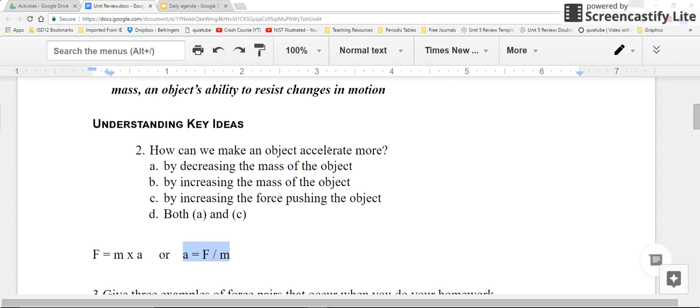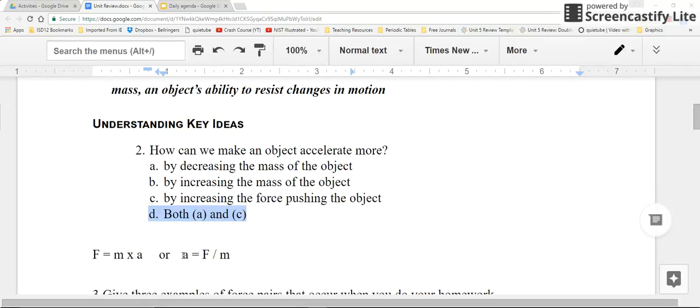How can we make acceleration get bigger? If this is acceleration right here, and our force is big, then acceleration is going to be big. Okay, so C definitely looks like it's going to be part of it. If our denominator here, F divided by M, is tiny, then also acceleration is going to be bigger. Okay, so D is our best choice here.